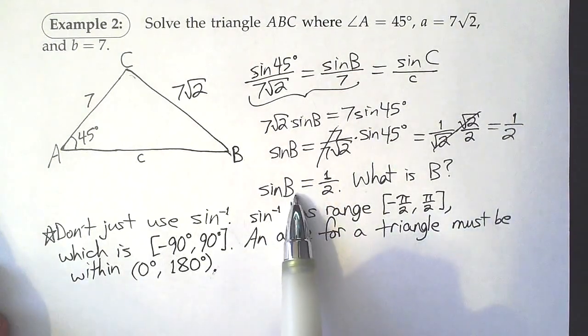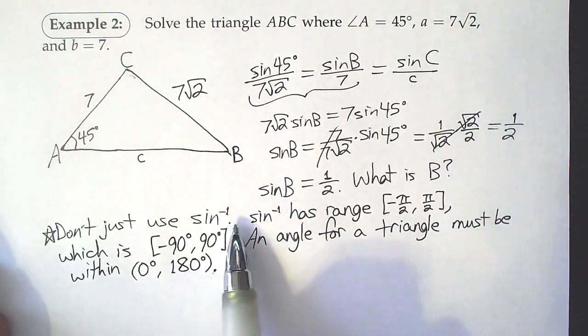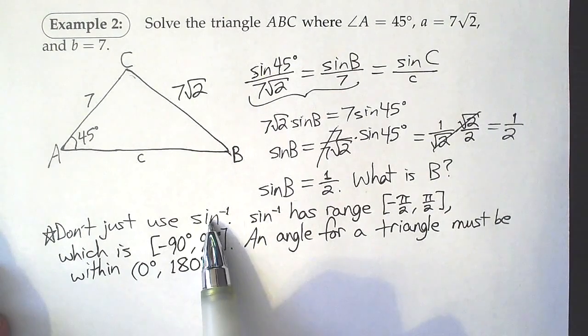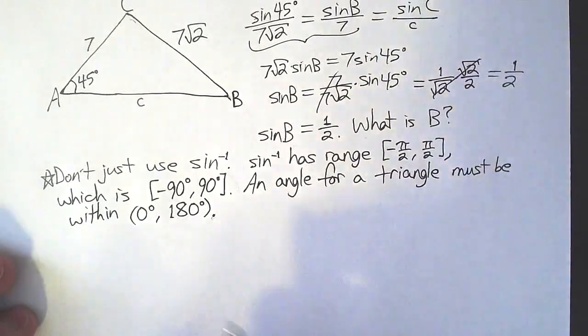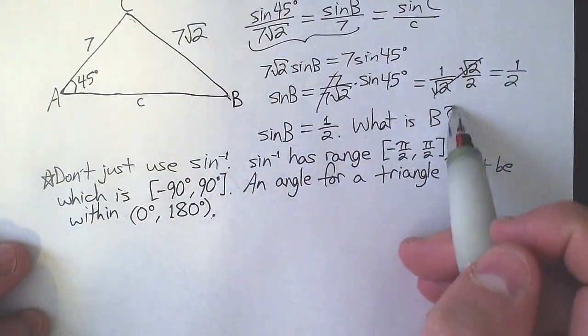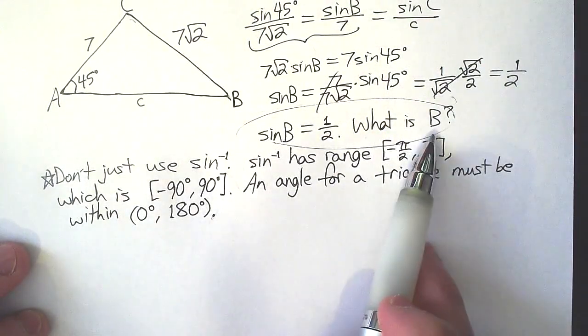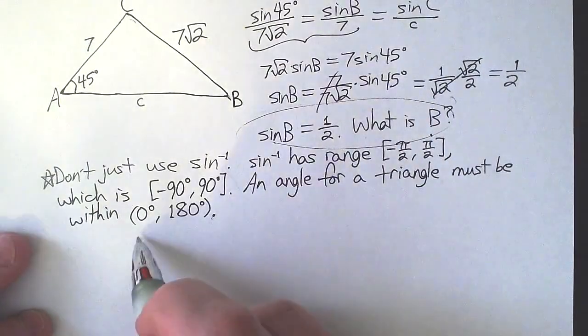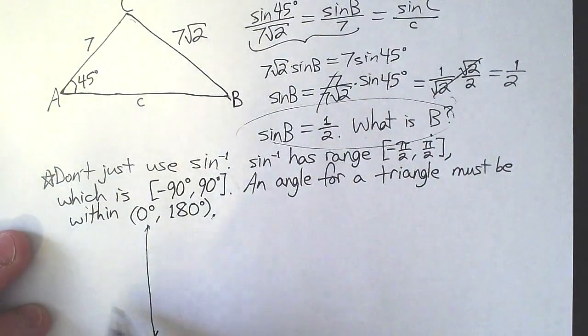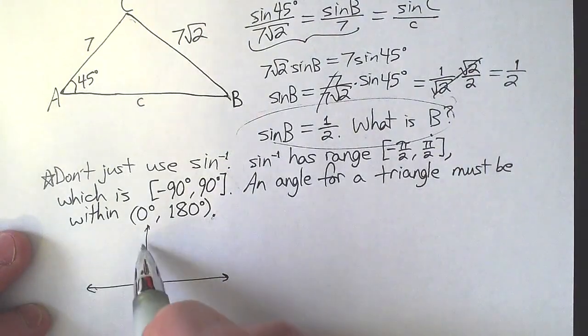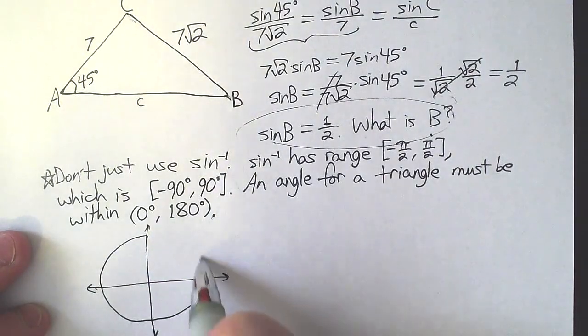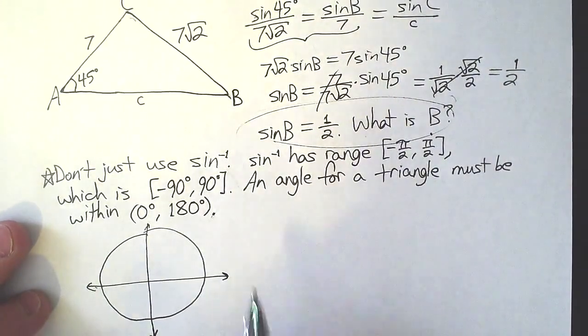Now, if we want to find b, and I'm telling us not to just blindly use inverse sine, then what do we do? Well, we still want to answer this question, right? That's what we know about b. We want to know what is that angle, preferably in degrees. Let's go back to what we know about the unit circle. That's not a very good circle, but it's good enough.